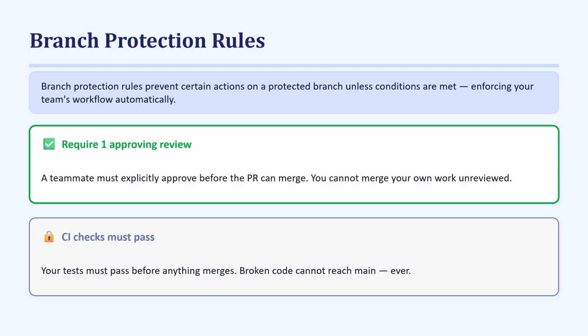And so a lot of repos will have a rule that requires at least one approving review before merging. So a teammate or someone who is responsible in that QA role has to explicitly approve of the pull request. You can't merge your own work without a second set of eyes.